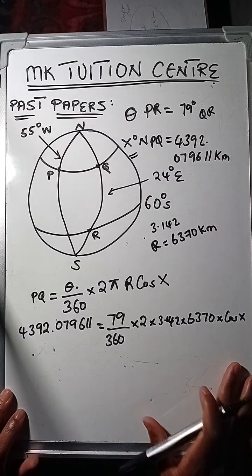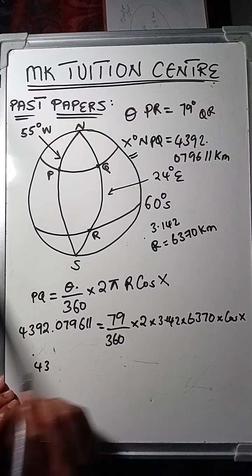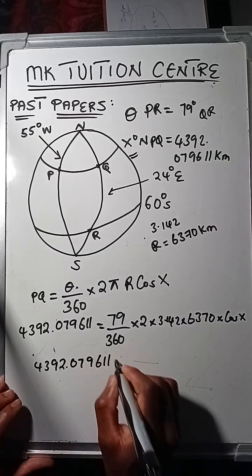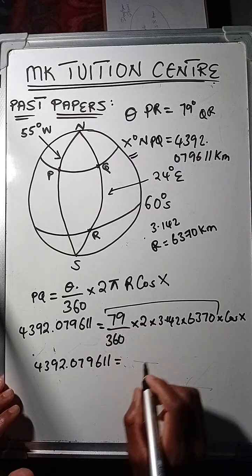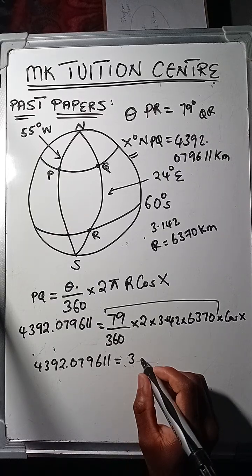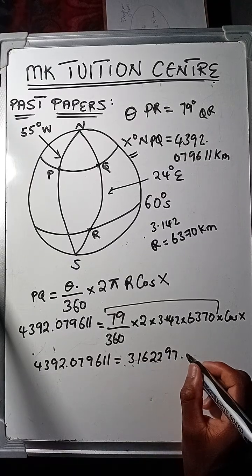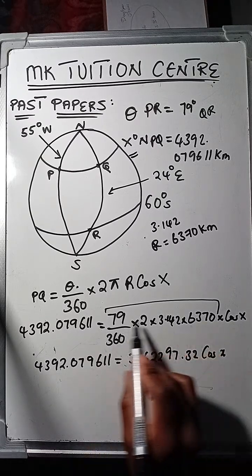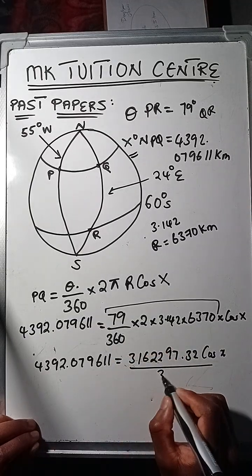Now we proceed. First of all, I'll do it step by step. I'll copy this down. Equals to. So I'm going to multiply everything here on top. We're going to have our answer as 3162297.32 cos x. Now, down here we have 360.